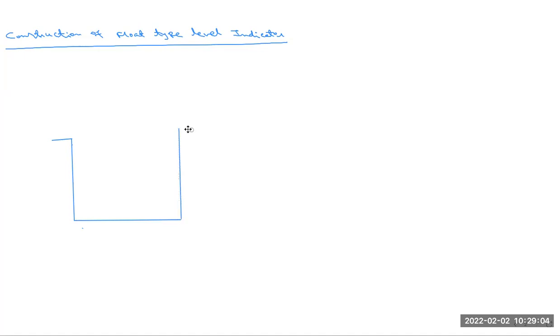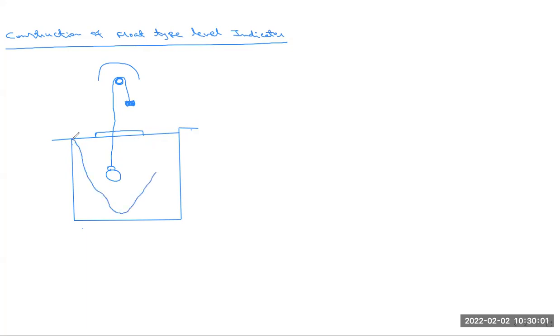This is the reservoir or tank. This is basically an indicator. This is the weight.